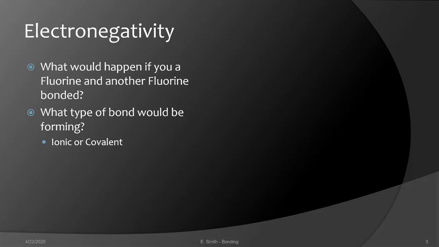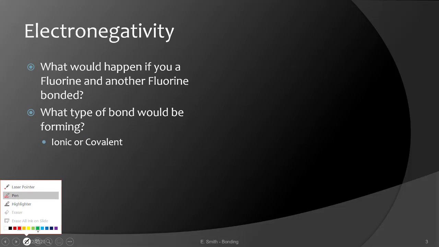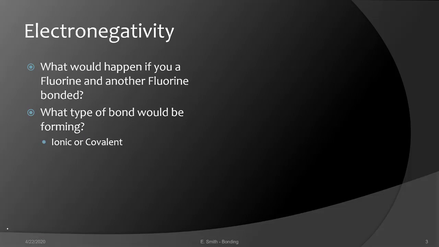And I'm hoping that all of you are answering covalent, because they are two nonmetals with very high electronegativities. And because they have very high electronegativities, when we have our fluorine, which has a total of 7 valence electrons, come into contact with another fluorine that has 7 valence electrons, it will share a pair of electrons.